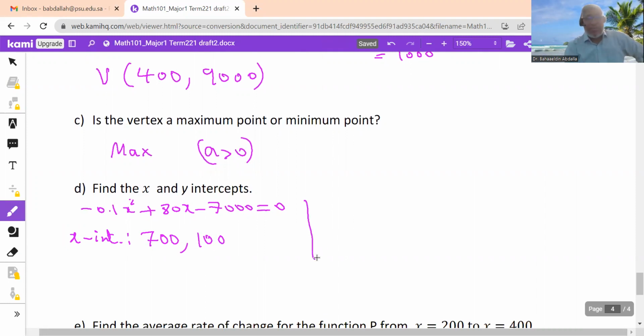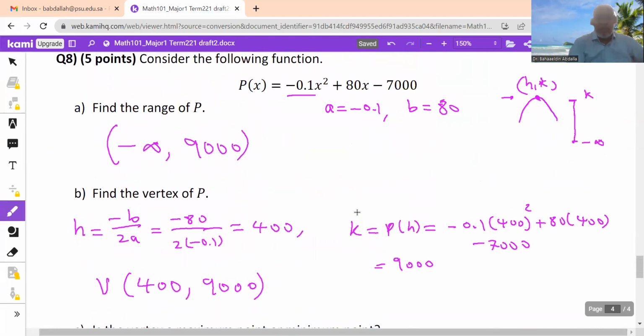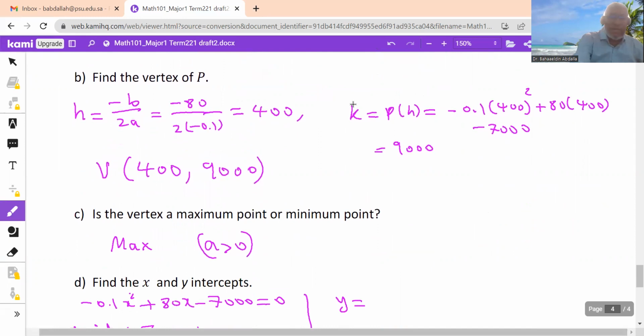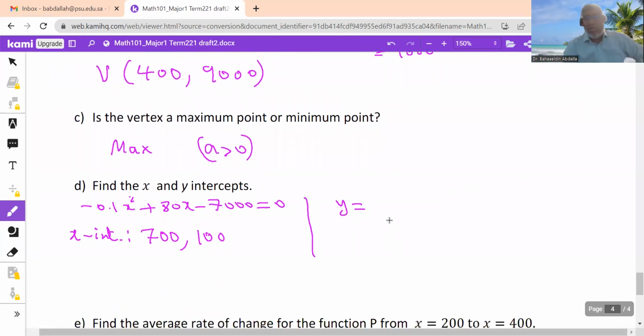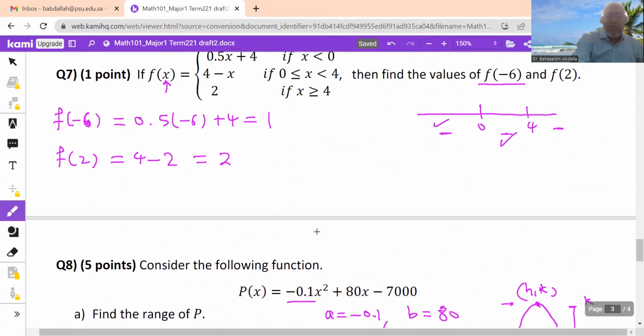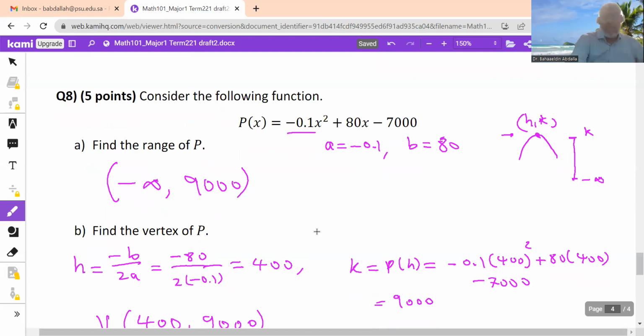For the y-intercept, you put x equals 0. So the y-intercept would be p of 0, in fact. If you put x equal to 0, the first term and the second term will be cancelled, and you will have negative 7,000. And that's the y-intercept, okay? If he asks for graphing, it's easy to graph.